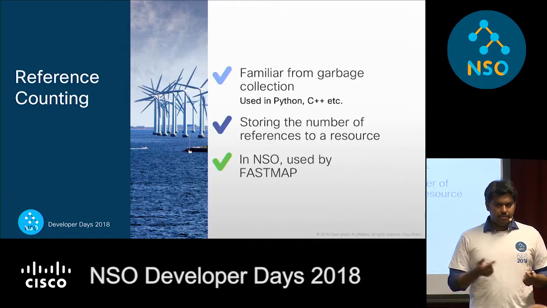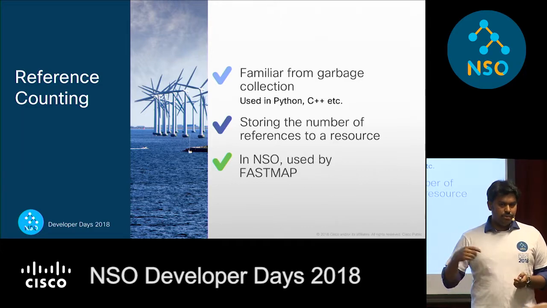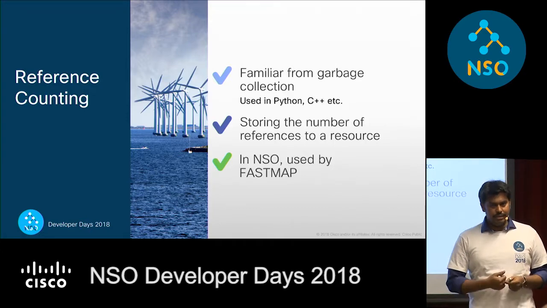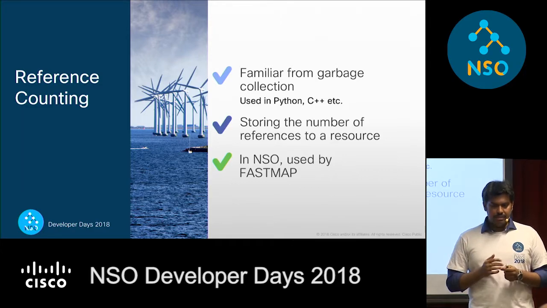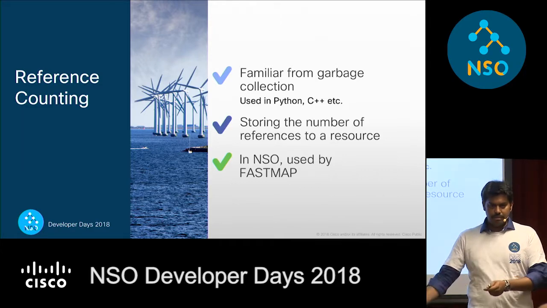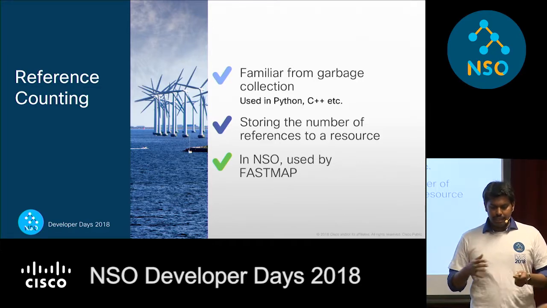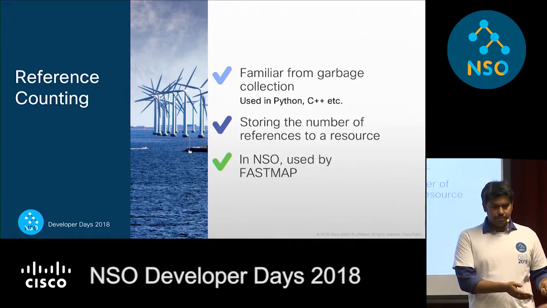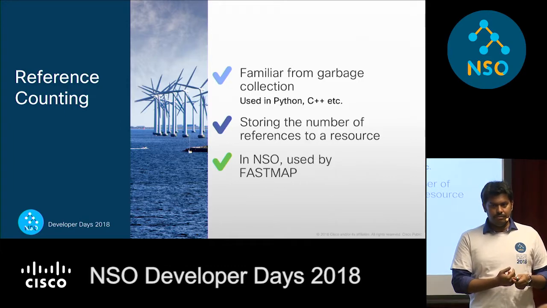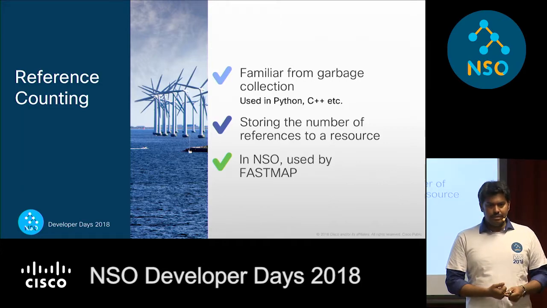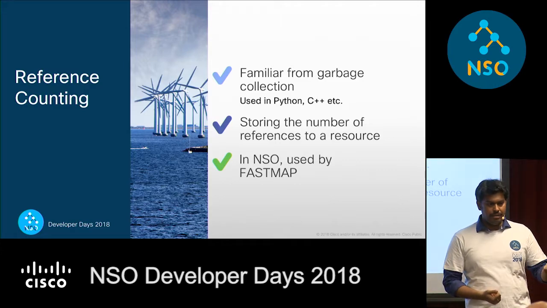When one of those services is removed, you don't want to remove the corresponding element in the device tree, because let's say the services have some common configuration and also some distinct configuration, each to its own. So multiple services can touch the same common config. So those common config will be reference counted, meaning that if 3 services touch the same config, the reference count will be 3. Or if it's already existing in CDB, it will be 4.